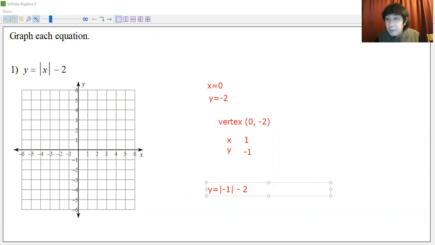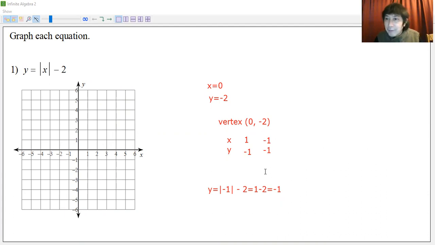All right, the absolute of negative 1 will still be a positive 1. Minus 2, that results to another negative 1. And so we can now place something here. When x is negative 1, then the result is also negative 1 there.